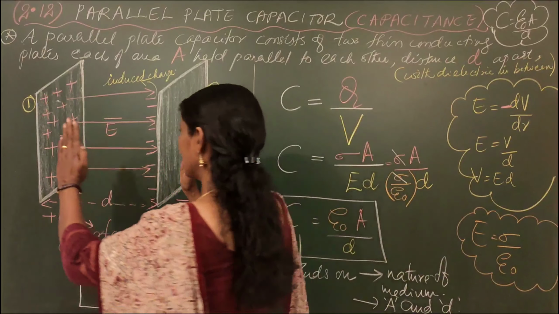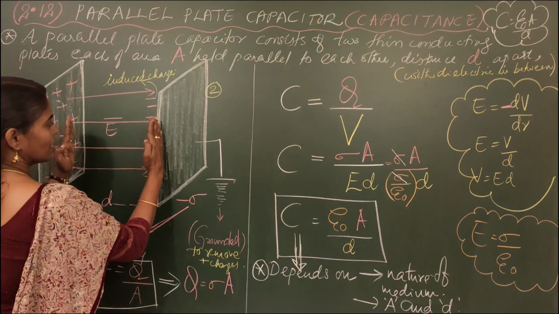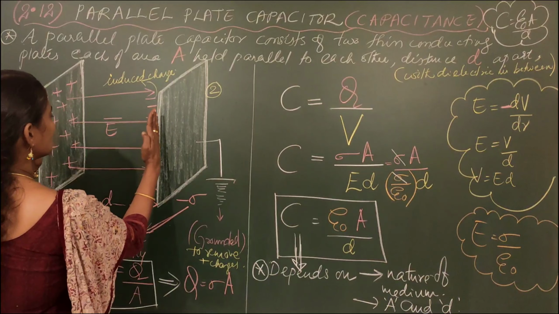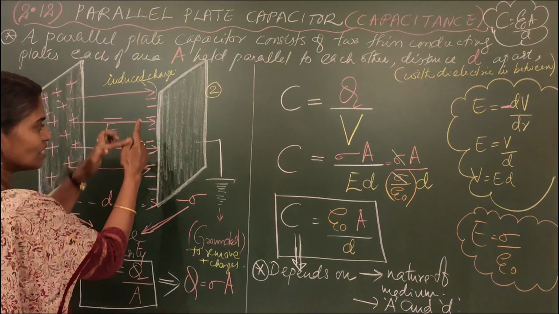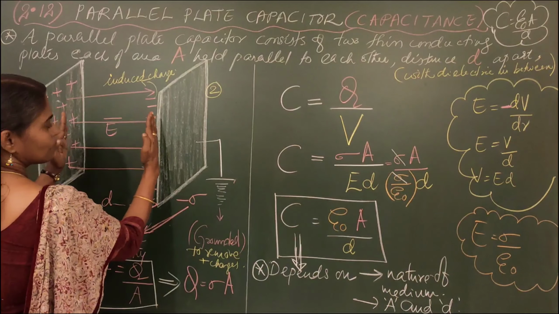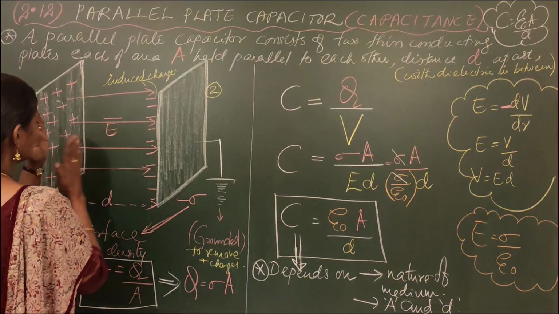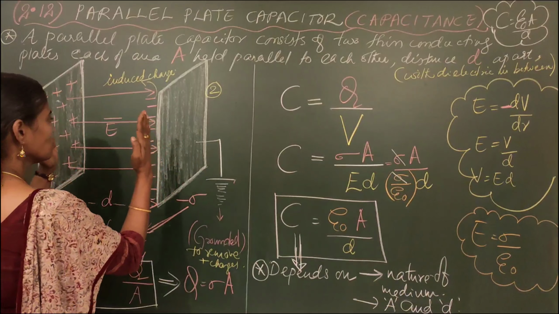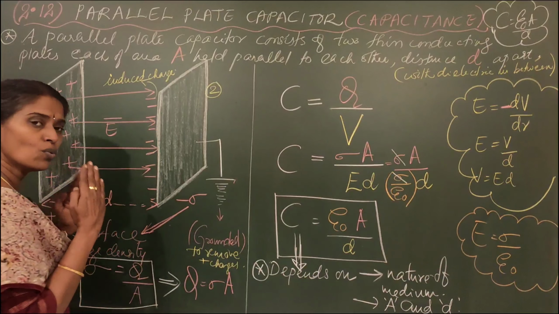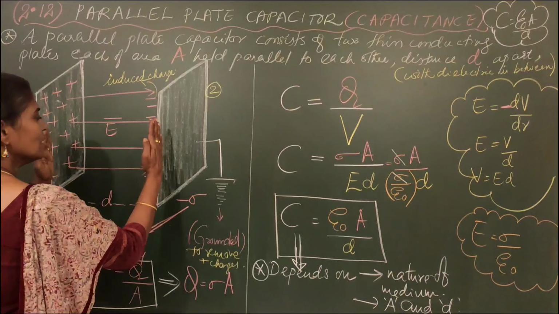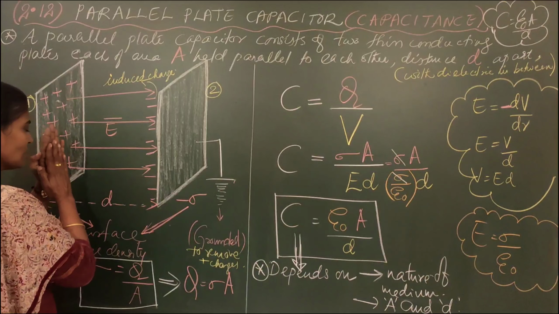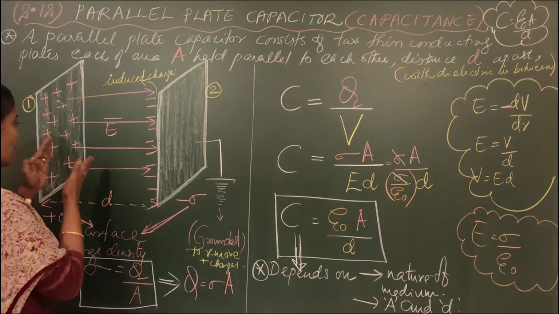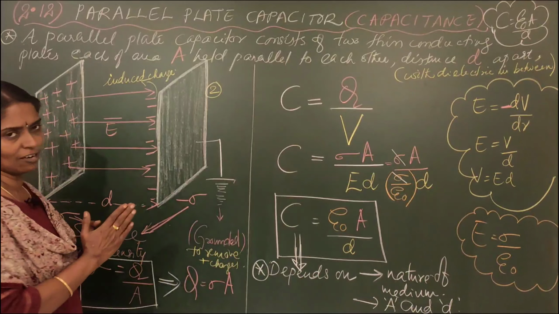So if you take two plates arranged in this manner, placed parallel to each other, this inner part is positively charged and this inner part is negatively charged. Now there is an electric field directed from the positive plate to the negative plate.